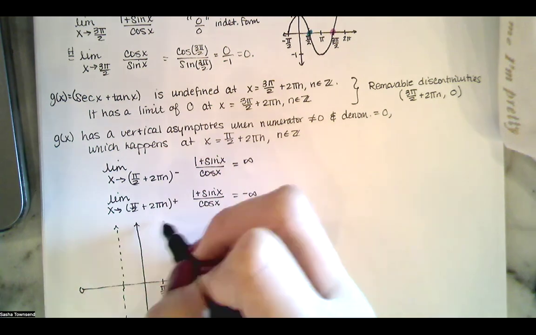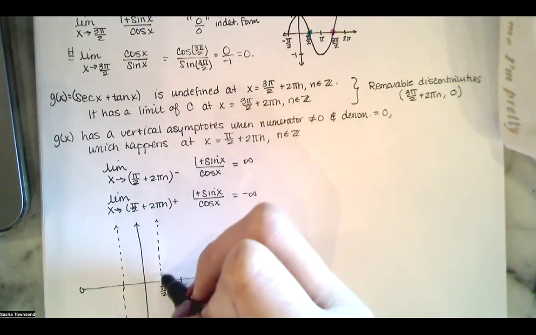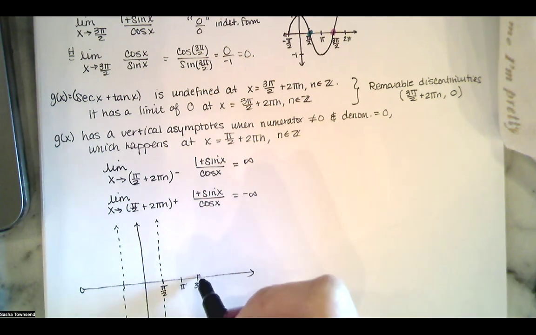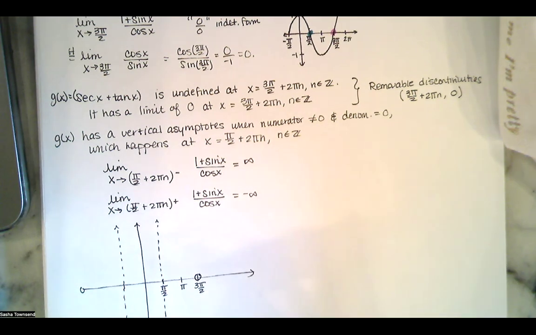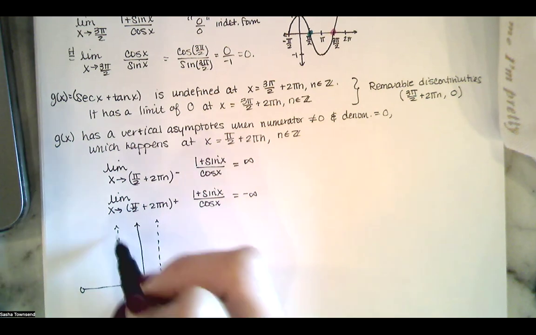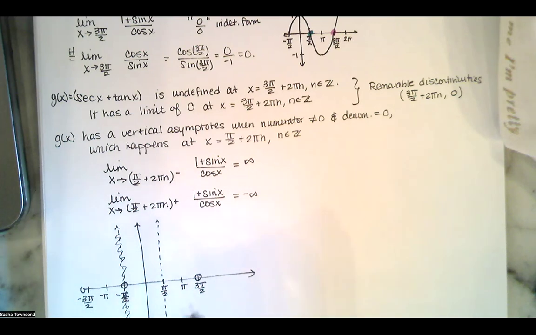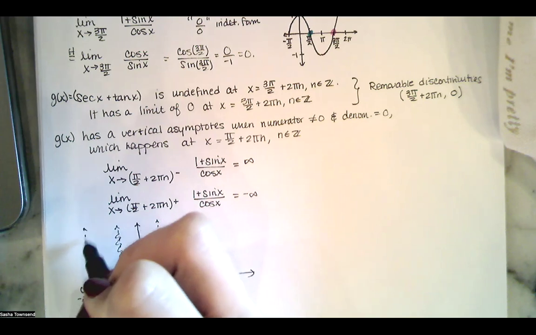And the asymptote is at pi over 2. And then our function is approaching 0 here. I think this is actually supposed to be one of the zeros. It's at negative pi over 2. And then at negative pi, we're here. And then at negative 3 pi over 2, we have another asymptote.